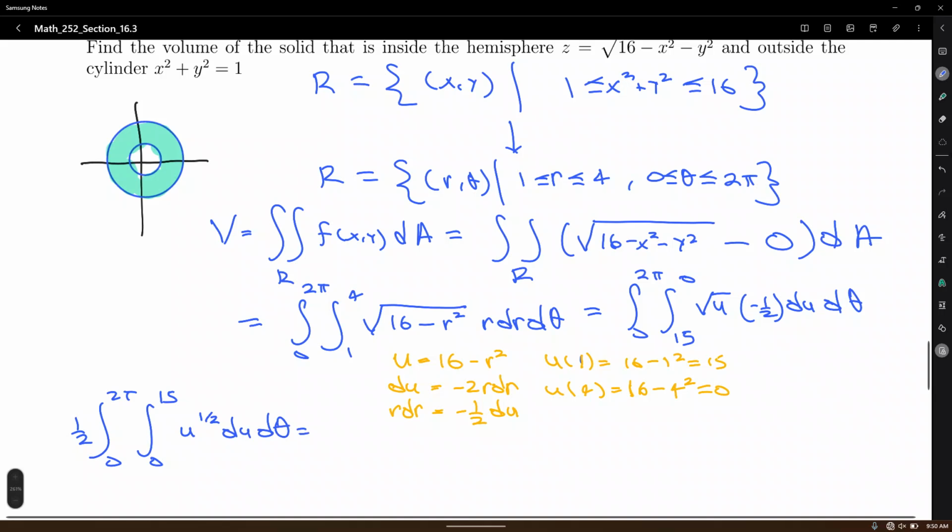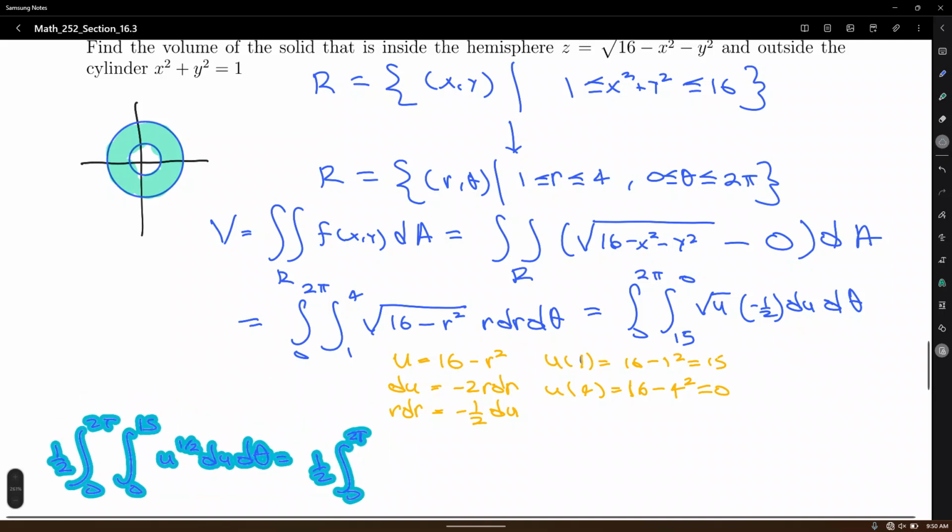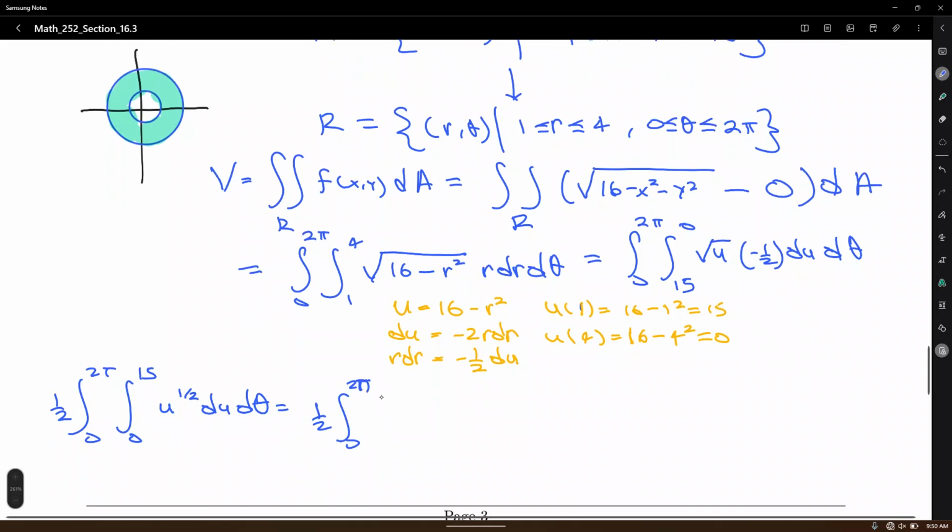The integral of u to the 1/2 is u to the 3/2 over 3/2, so that equals 1/2 the integral from 0 to 2 pi of that, from 0 to 15, d theta.